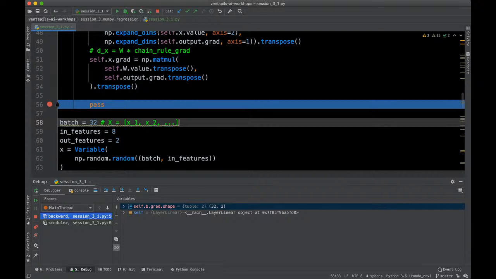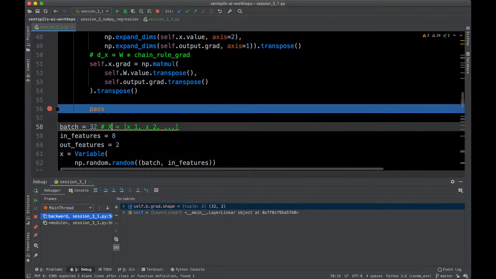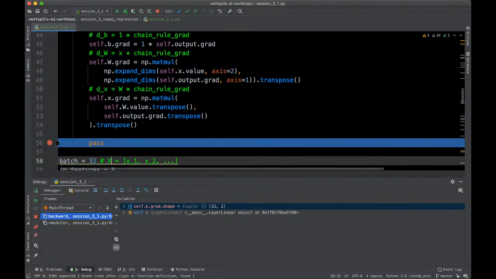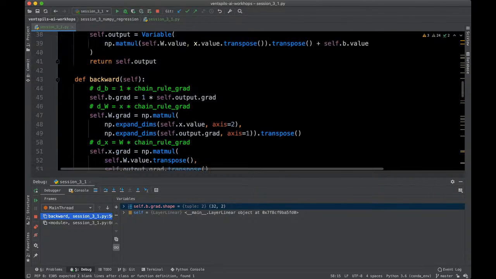Maybe in some cases it works, most cases doesn't work. It's always better if you have high dimensional space to go by smaller steps. So this is actually the batch, basically. If you don't get it, then please go back to the video and try to look at what we did today. So these are the gradients.